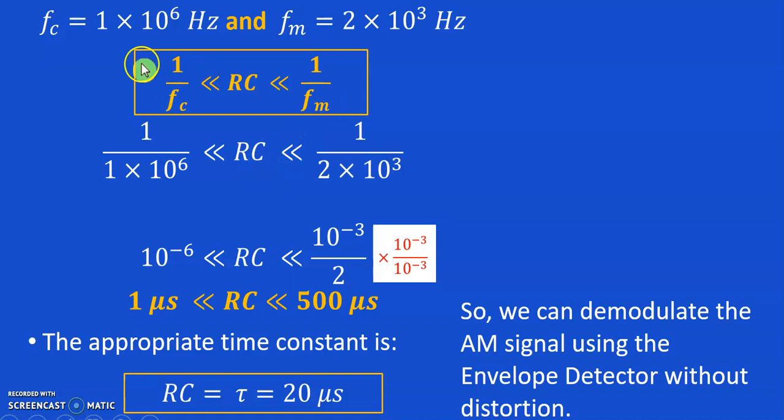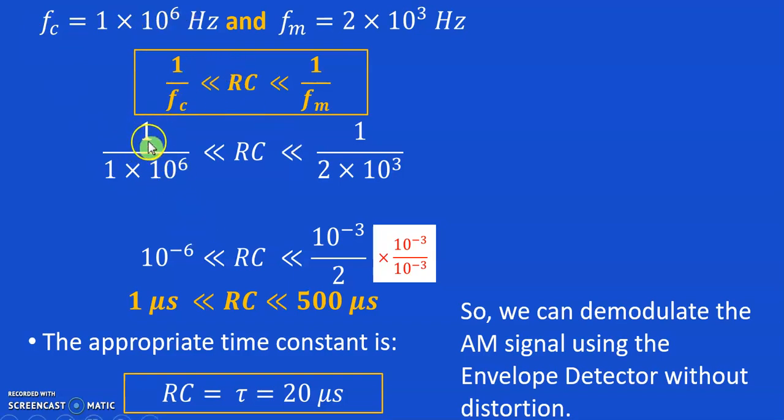So we have fc and we have fm, and we just need to replace the values. So 1 over 10 to the power 6 is much less than RC, which is much less than 1 divided by 2 times 10 to the power 3. We replace fm by 2 times 10 to the power 3, and fc by 1 times 10 to the power 6.